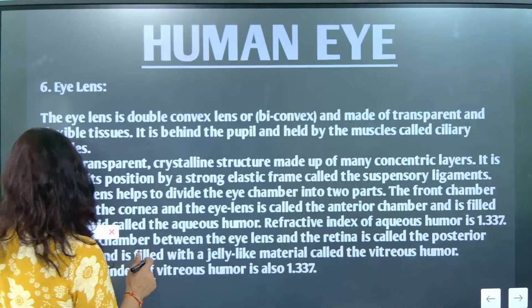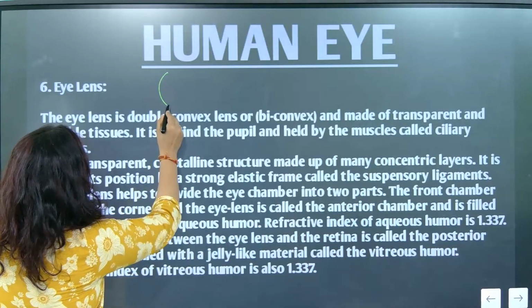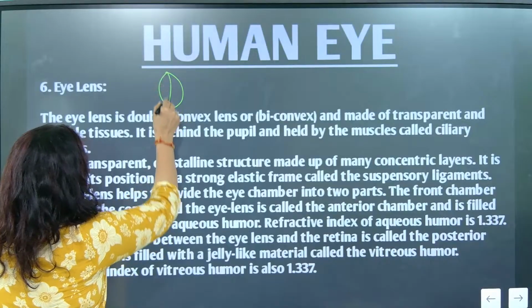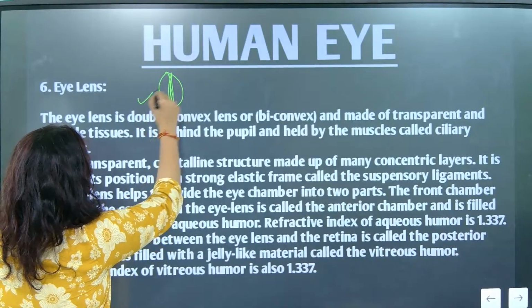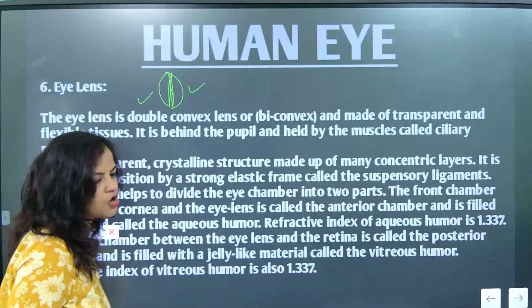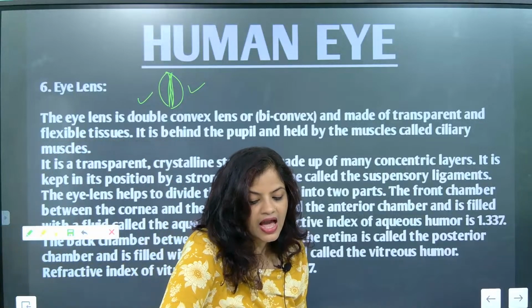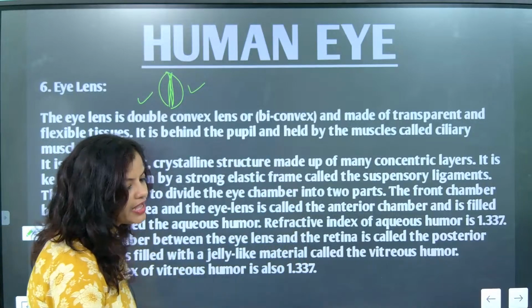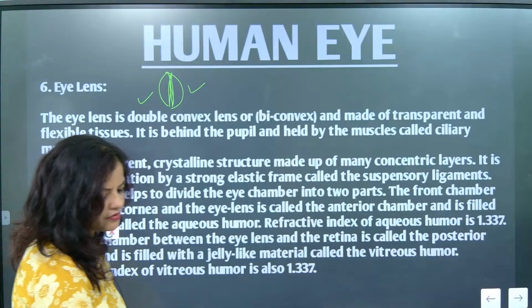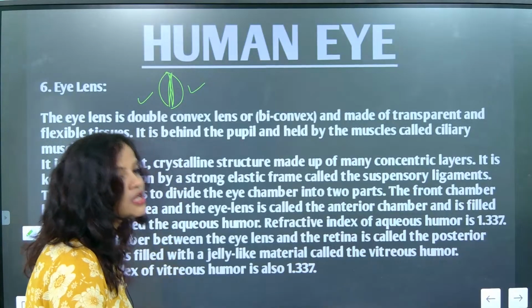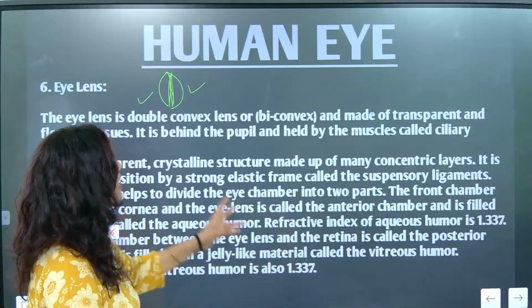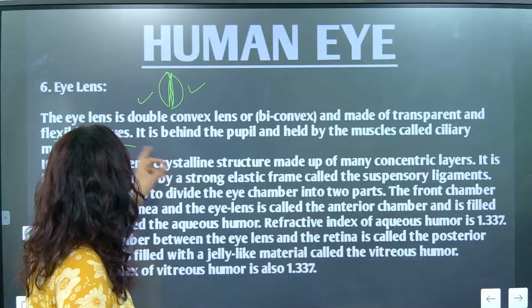Because here two sides are there, this section and this section. So two sections are meeting, so it is called biconvex, and it is converging. First thing, they are made of transparent flexible tissues.